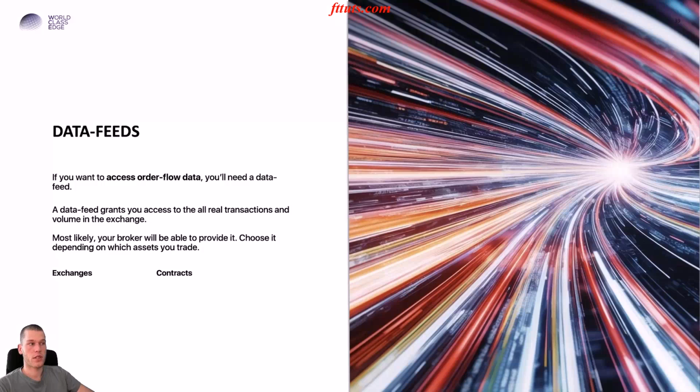There are different exchanges and there are different contracts. We will list some examples here. So we have the CME, Chicago Mercantile Exchange. There you can trade futures contracts, for example, the ES, where the underlying asset is the S&P 500. You have the NQ, which is the NASDAQ, and you have the RTY, which is the Russell. For example, the CBOT, where you can trade government bonds. You have YM, ZT, or UB. You can trade on the COMEX.